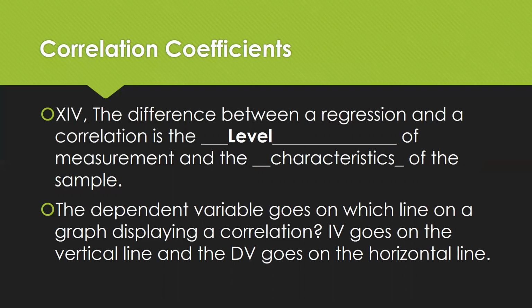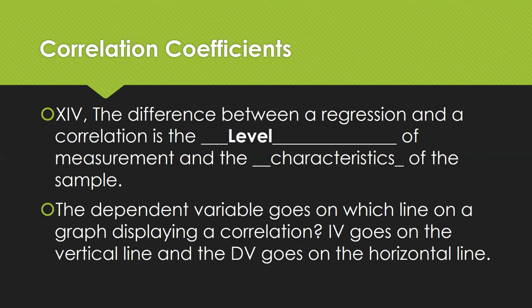So remember, with a regression, we want to have all those assumptions where there's a normal distribution of data. We want to use the interval level data and have all the assumptions of, for a regression, of the inferential statistic.